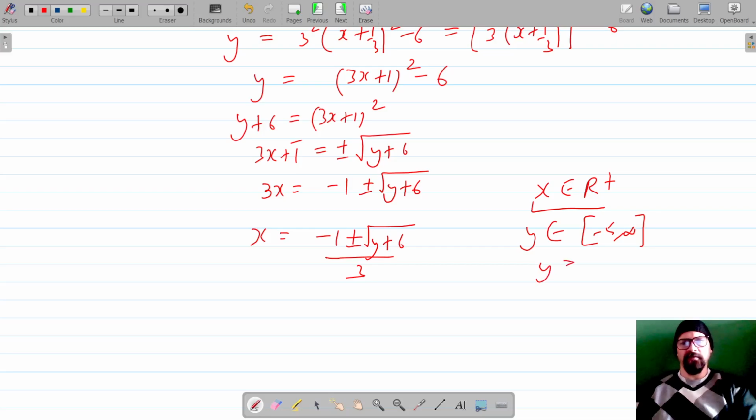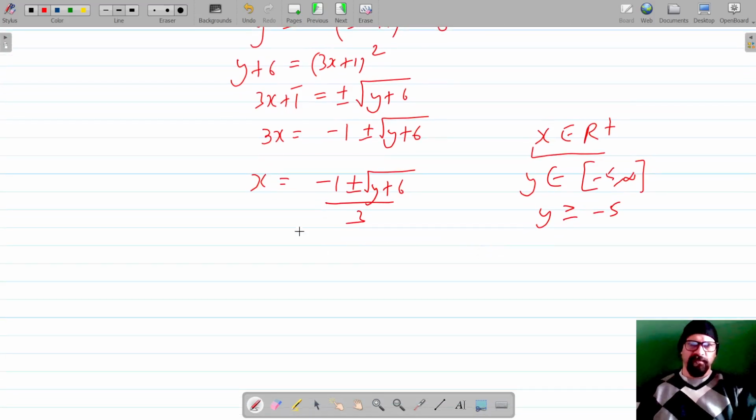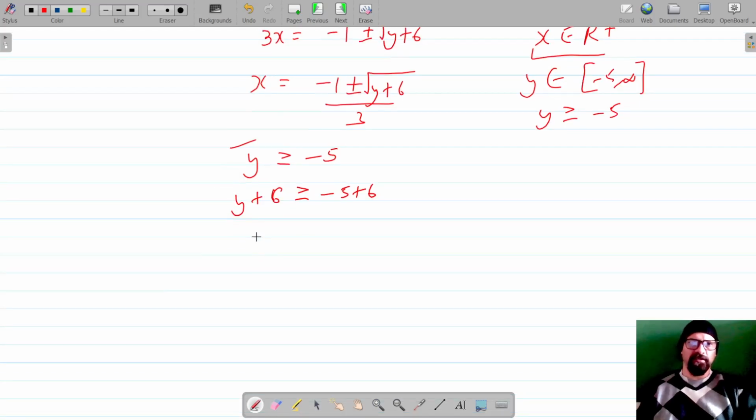That means y is greater than equal to negative 5. Okay. Now I'm going to add 6 on both the sides. So which gives me y plus 6 is greater than equal to negative 5 plus 6, and this is now y plus 6 is greater than equal to 1.